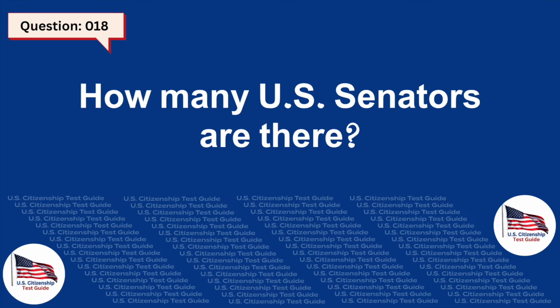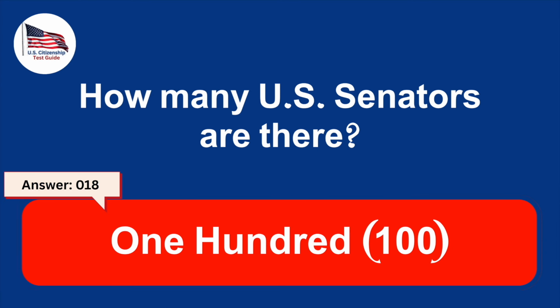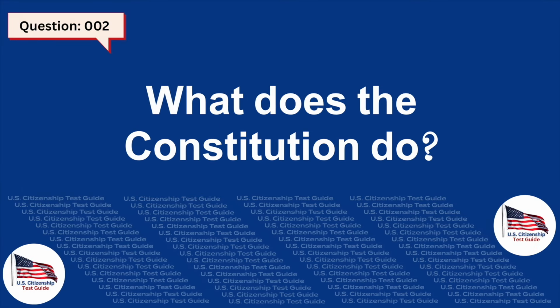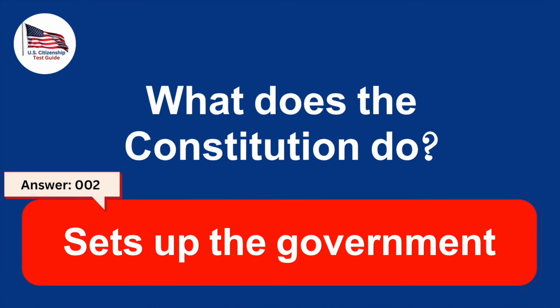How many U.S. senators are there? 100. What does the Constitution do? Sets up the government.